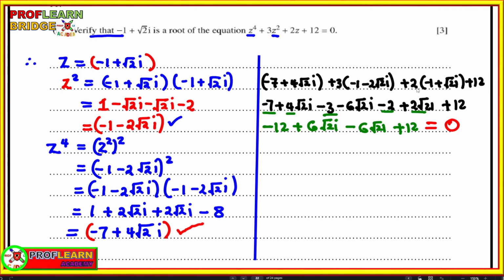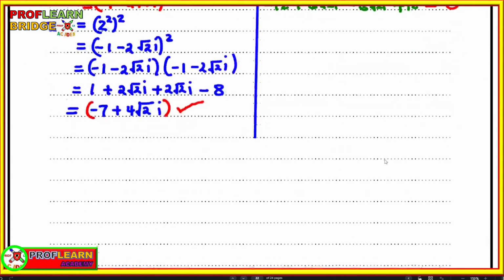And then 2 times z becomes negative 2, with 2 times root 2i becoming positive 2 root 2i, and then plus 12. If you work it out, you see they will cancel out, and the answer is 0. That is what you are supposed to do to verify that.